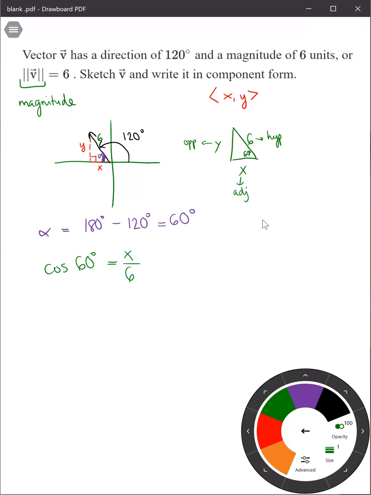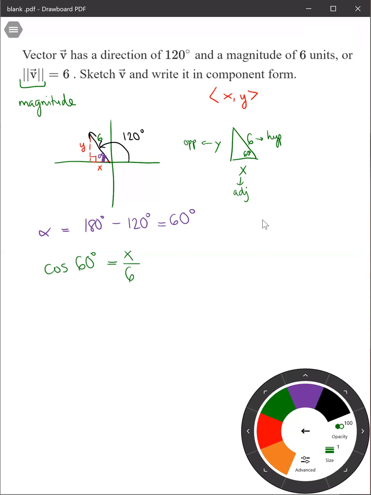A lot of you get to that step and get confused because you think cosine of 60 is a variable. When you put it into the calculator, make sure you double check your mode is in degrees. So cosine of 60 degrees is a number, and then after that we can solve for x.